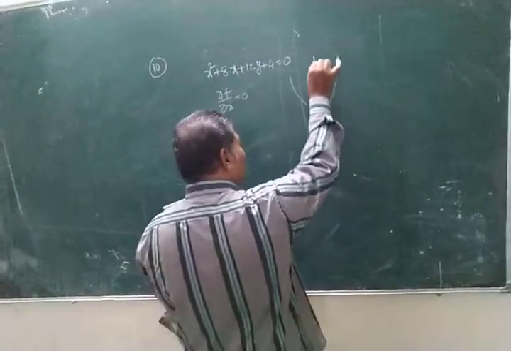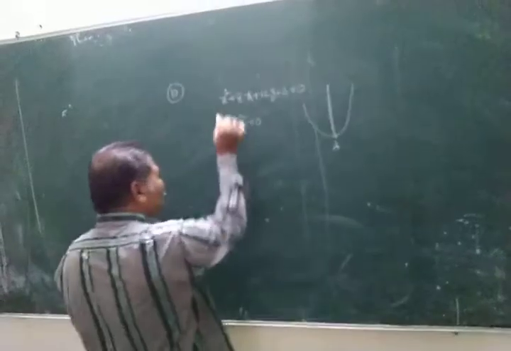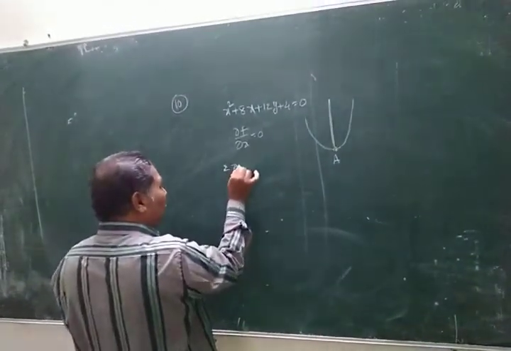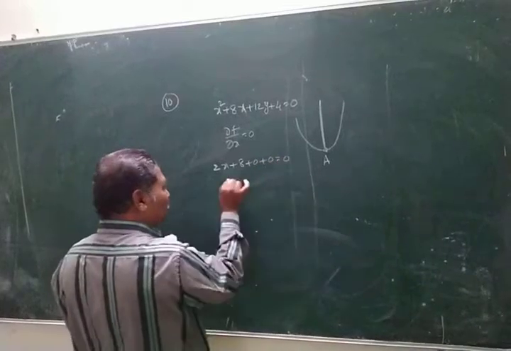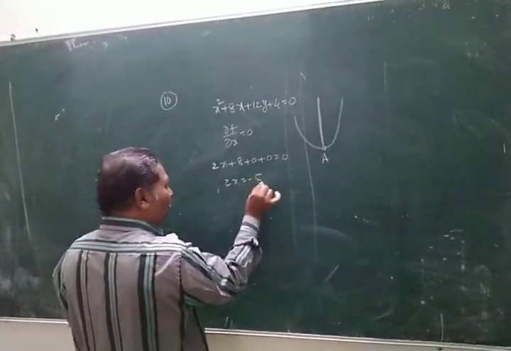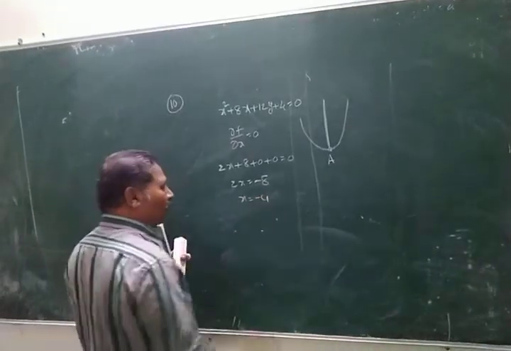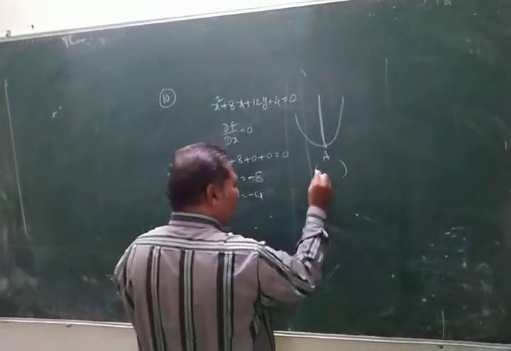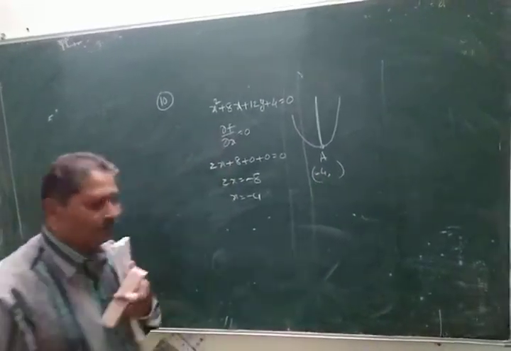So 2x plus 8 plus 0 plus 0 equals 0, 2x equals minus 8, so the x value is minus 4.